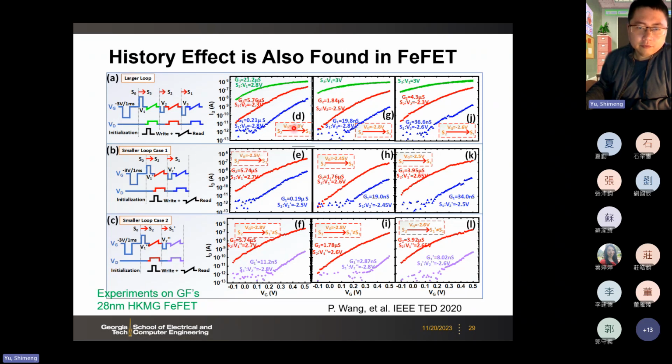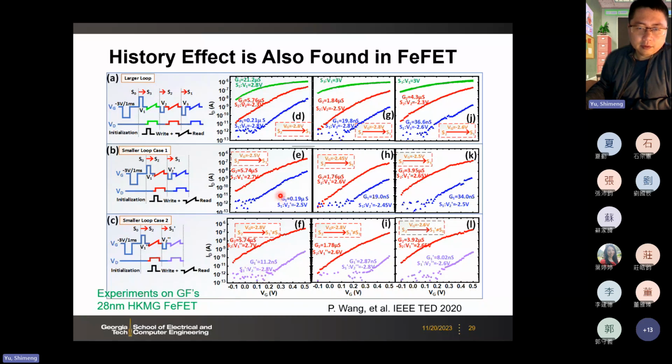So this is a different switching voltage. If we use the same 2.8 volts here for the smaller loop, then we will get a different state. After the programming, the conductance of the device becomes like 11 nanosiemens.